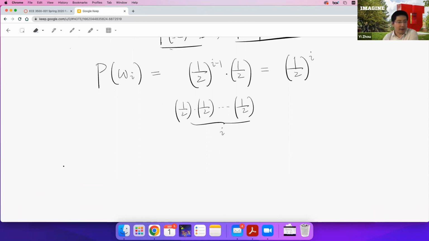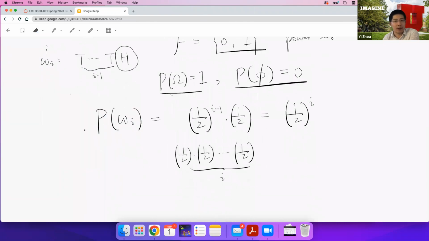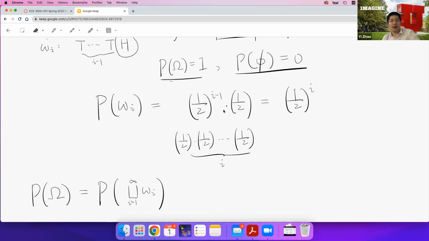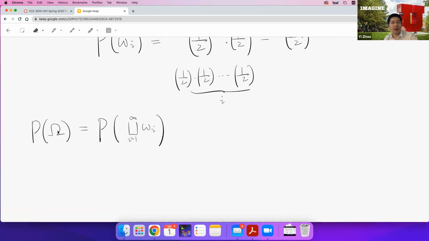And you can actually verify that if you sum up, P of omega is equal to 1. Because in this case, omega is simply the union of omega I, where I equals 1 to infinity. Omega contains all the possible outcomes, and all the possible outcomes are mutually exclusive events. Therefore, omega is simply the union of all the possible outcomes.